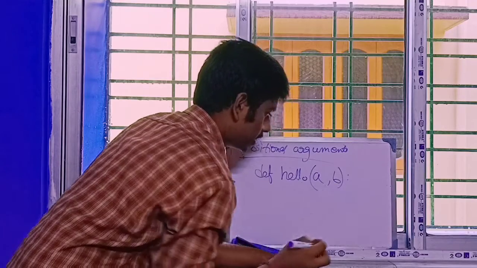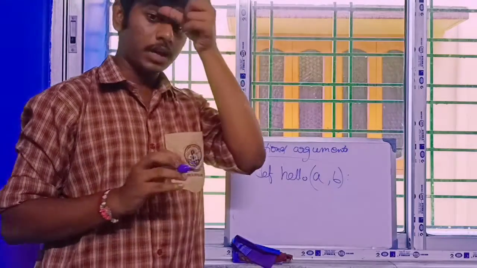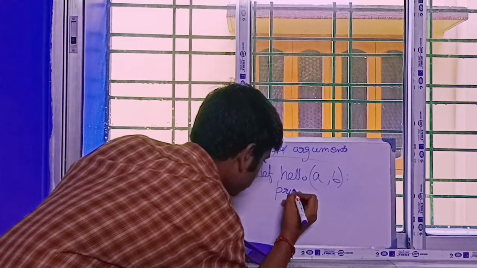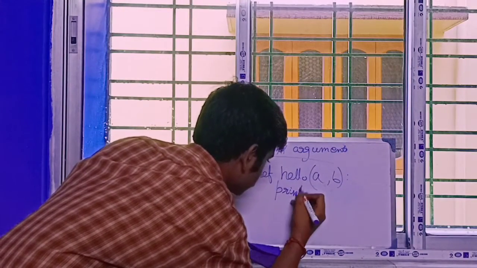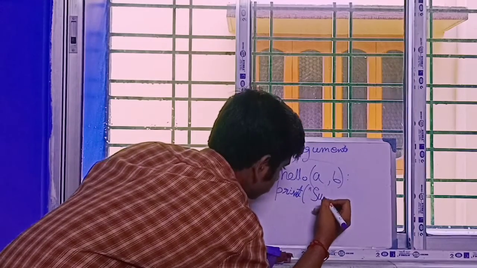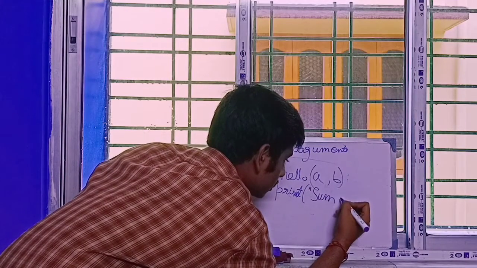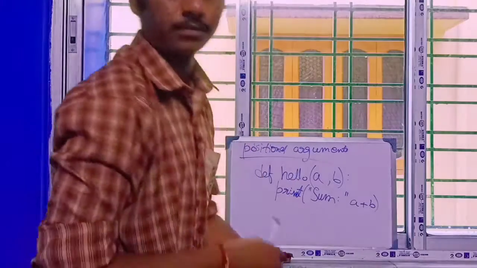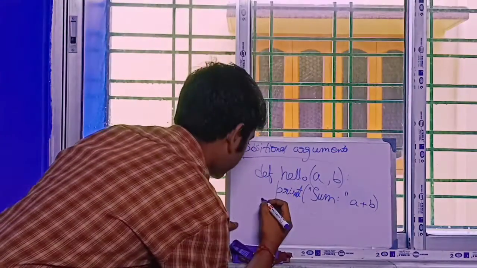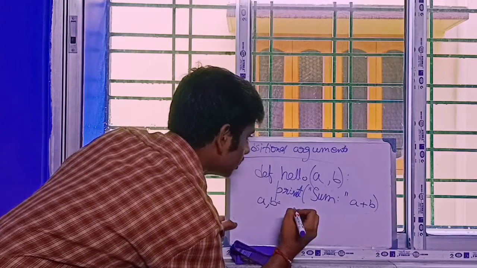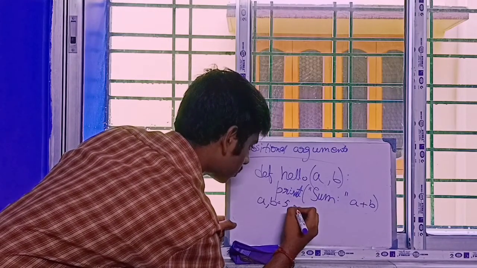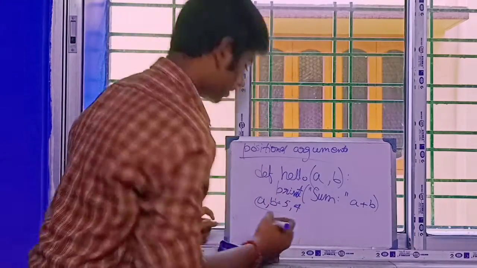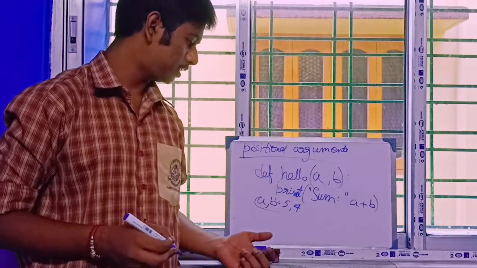Now I have taken parameters, that is a comma b, and inside this function I am writing print sum a plus b. And we have also mentioned the values of a and b, that is I am taking 5, 4. Means here we have taken the value of a as 5 and b as 4.